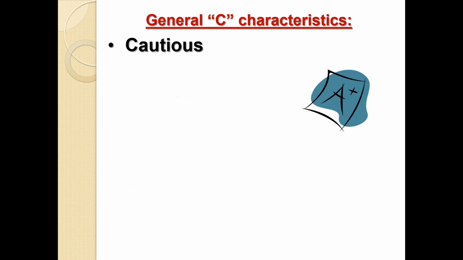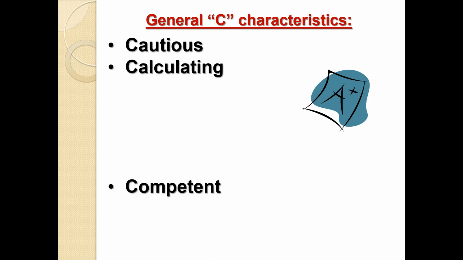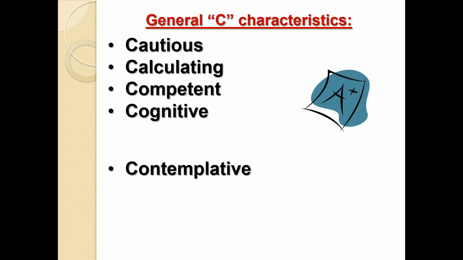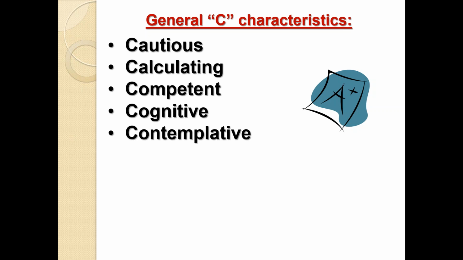So C characteristics. They're cautious. They're calculating. And I don't always like that word because it usually sounds like they're calculating to do something devious or bad or scheming. They're not. They're calculating in making stats, goals. They're competent. They're cognitive. They're lawyers all day long.